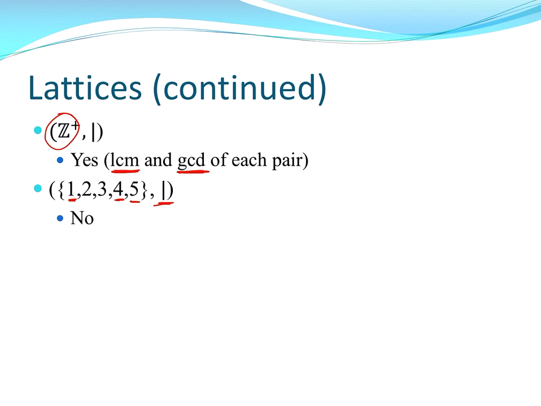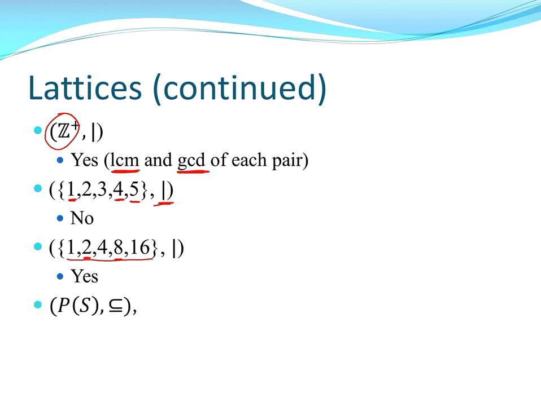So this is not a lattice. Another poset on the divides relation is the set of powers of 2 up to 16. Is it a lattice? We'll consider every pair in this set. Each pair will contain the greatest common divisor and the least common multiple of that pair. So yes, it is a lattice.